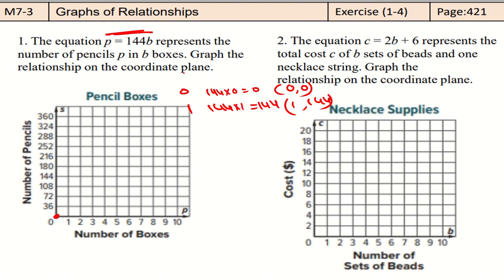This is B and this is P. Okay. This is P here and this is B. Okay. So, if you take value of B as 1, then you will get this type of points. So, 1 and 144. So, 144, well, it will go here.